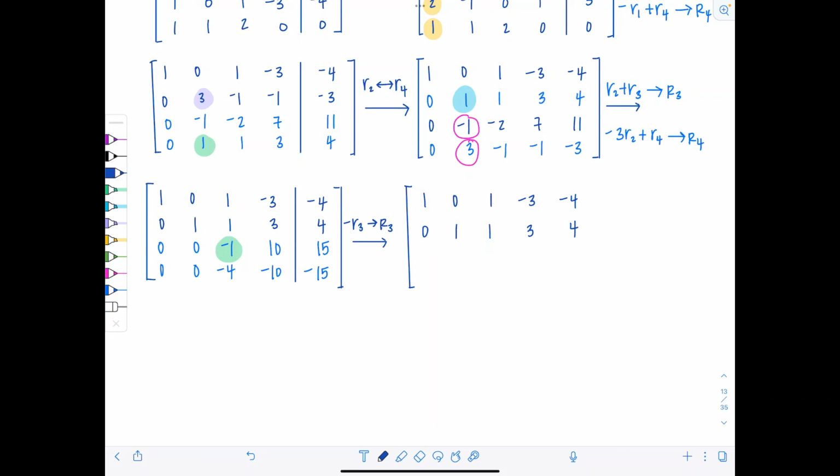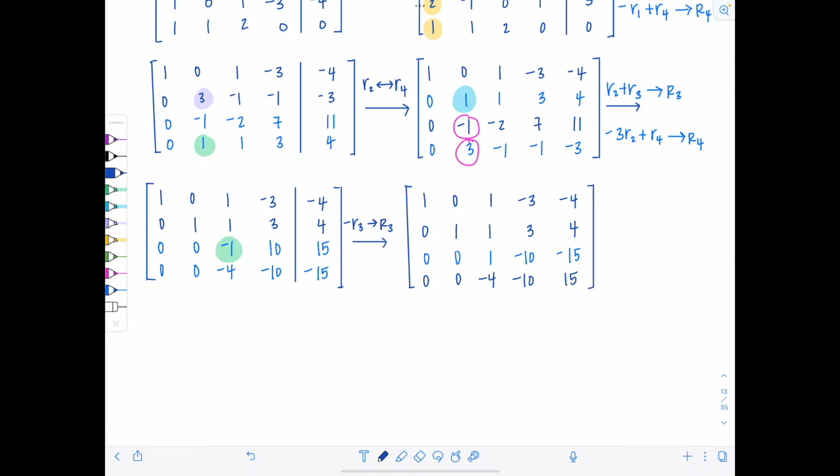My new row 3 is 0, 0, 1, negative 10, negative 15, and then this is not changing just yet: 0, 0, negative 4, negative 10, 15.